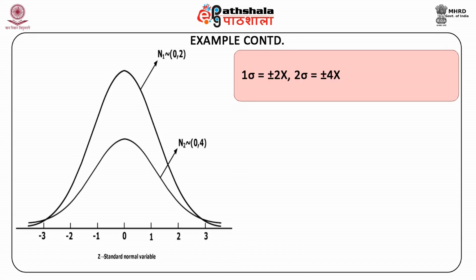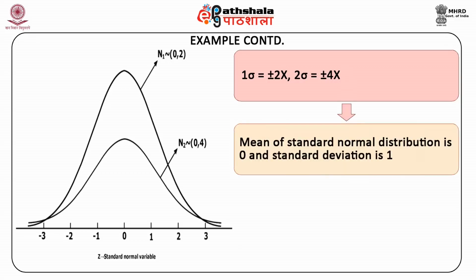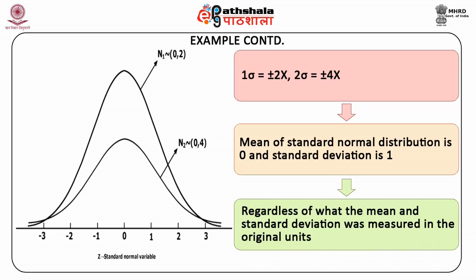After the conversion process, the mean of the standard normal distribution is 0 and the standard deviation is 1 always, regardless of what the mean and standard deviations were measured in the original units of the normal distributions. That is, z is equivalent to N(0, 1) always.